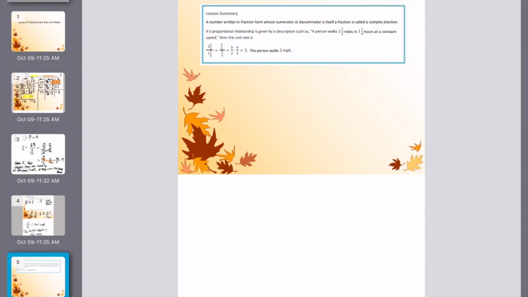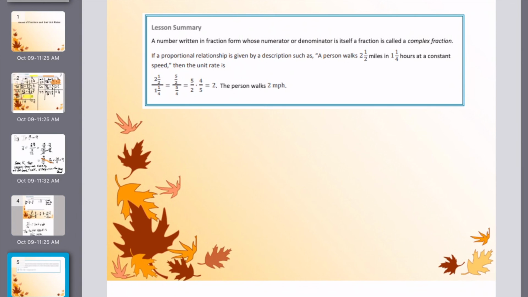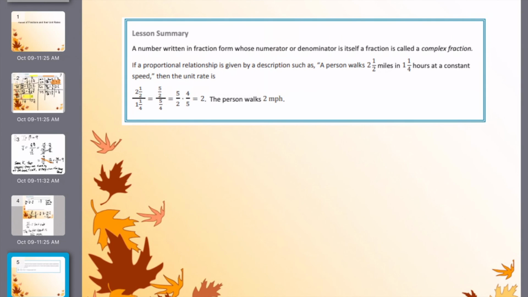So our lesson summary. A number written in fraction form whose numerator or denominator is itself a fraction is called a complex fraction. So a fraction over a fraction, or just a fraction on top or a fraction on the bottom, is a complex fraction.